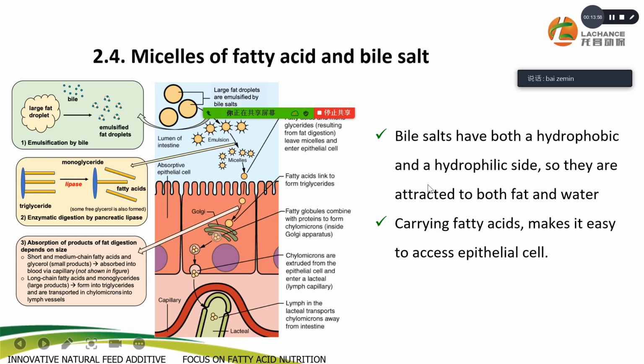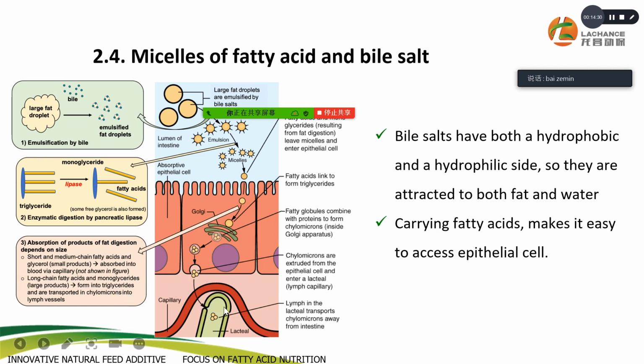So it can attract both fat and water, carrying the micelles close to the absorptive cell, and then finally detach. Then the short and medium chain fatty acids are absorbed by capillaries and go back to the blood. And the long chain fatty acids form into triglyceride.